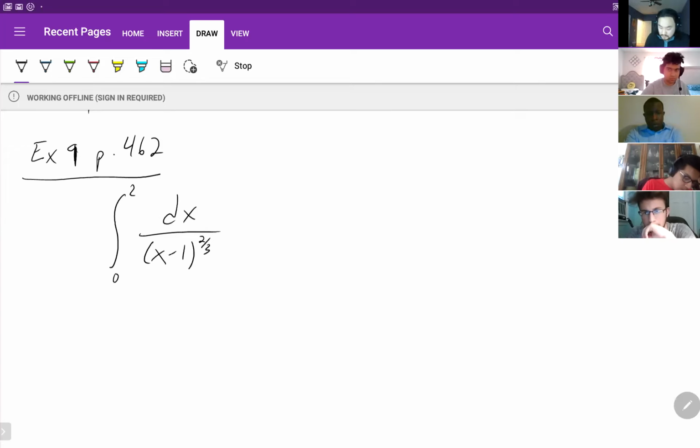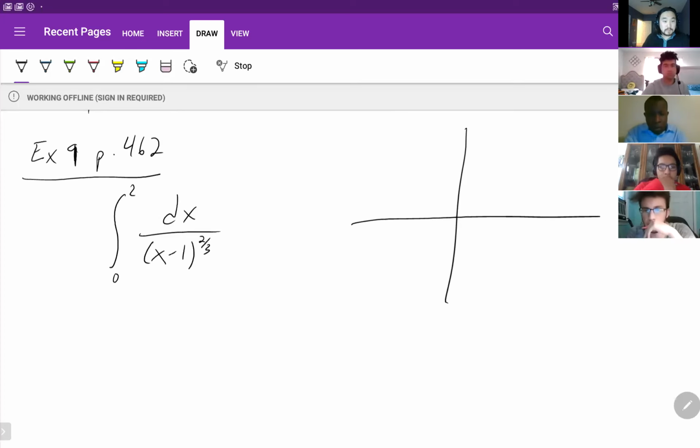Think about what this graph looks like. 1 over x looks like this. But if it's 1 over x minus 1, that's a horizontal shift, so x cannot equal 1 because then it's undefined.